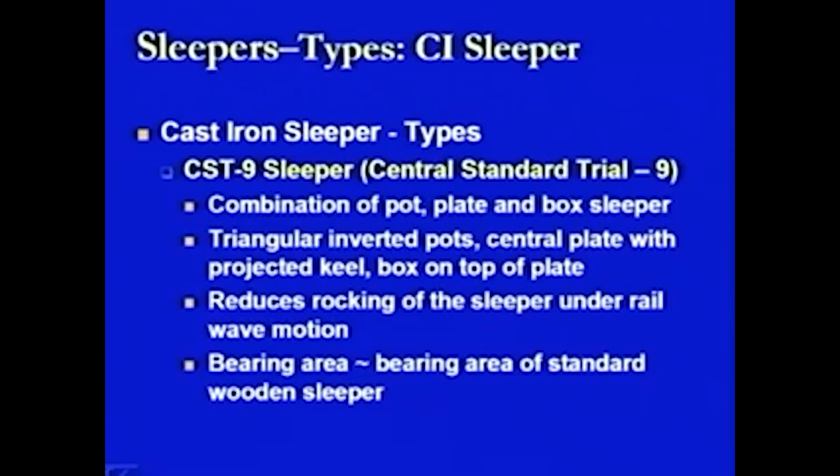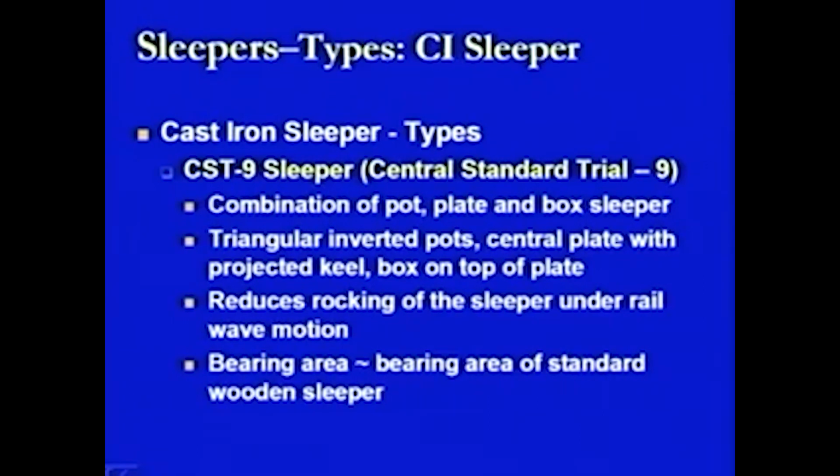Then it has a tendency of reducing the rocking of the sleeper under the rail wave motion. Now, as we have seen that there are so many fixtures which have been used, it is a little complicated design. So, it helps in reducing the rocking behavior of the sleeper because of the moving rolling stock.